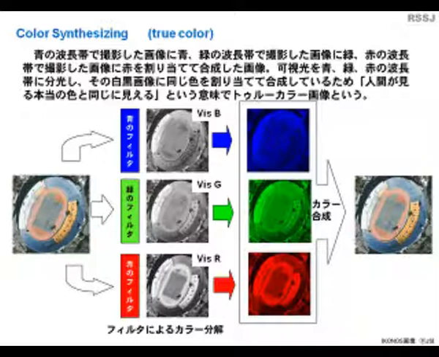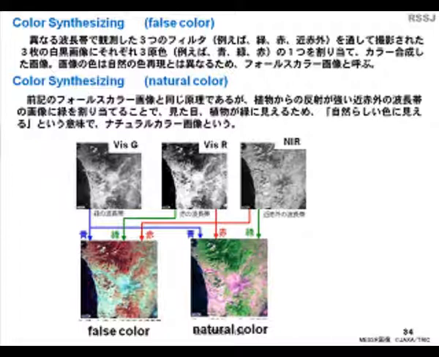And so we can color synthesize imaging data. This is a real photograph, but this one and this one are grayscale images of each sensor. This one is visible blue.